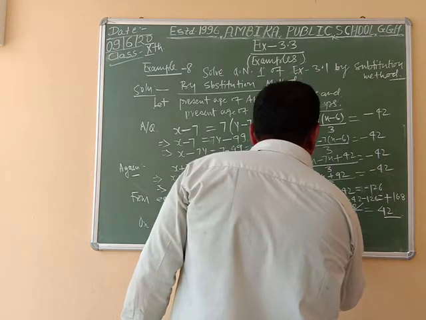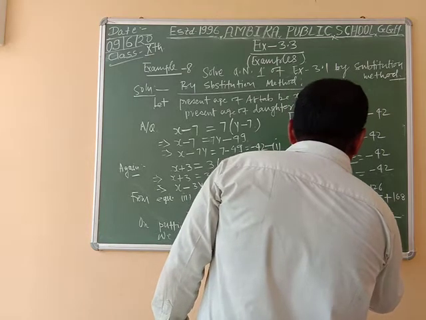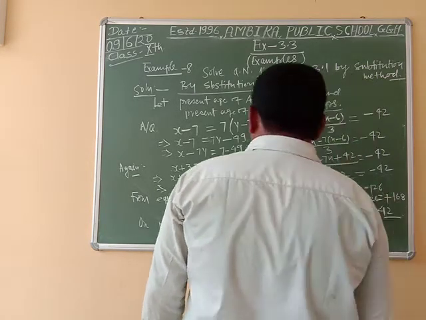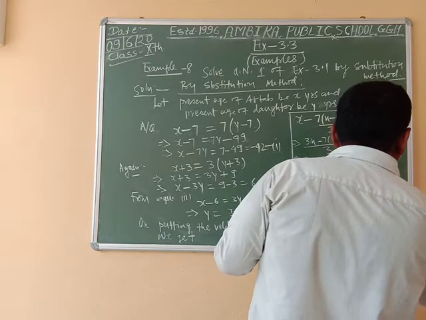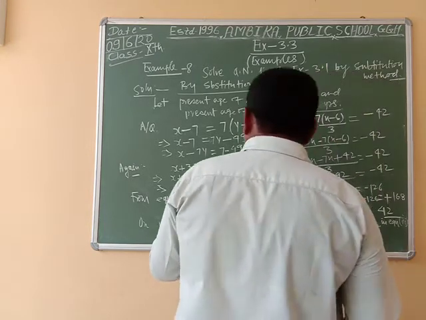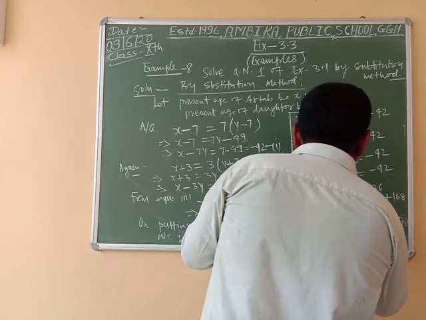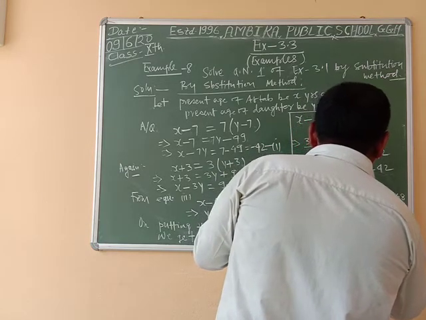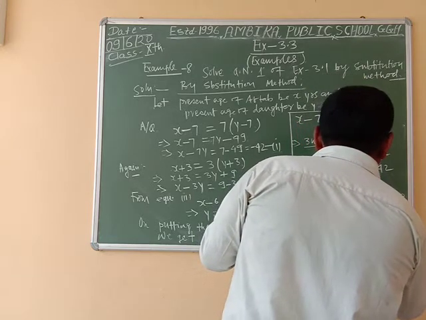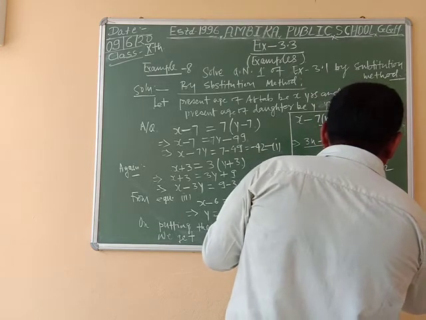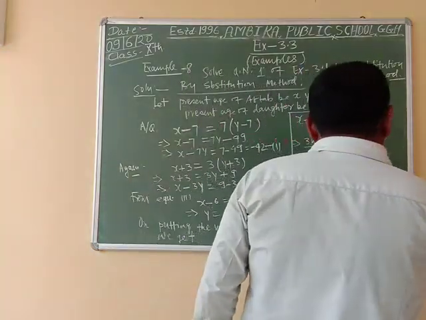Now putting x is equal to 42 in equation 3, y is equal to 42 minus 6 by 3, which is 36 by 3, is equal to 12.